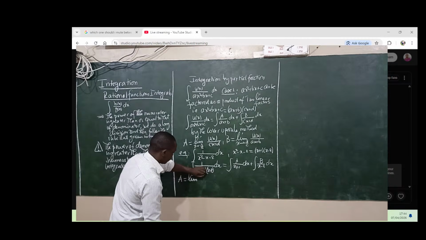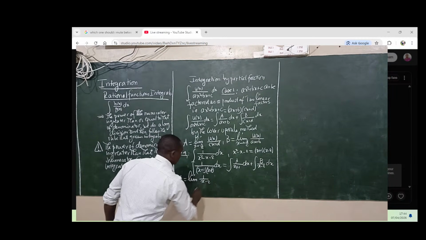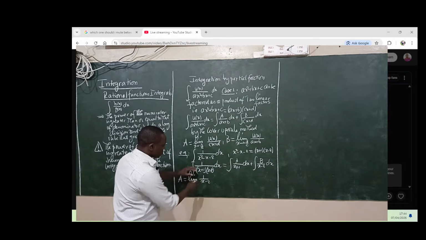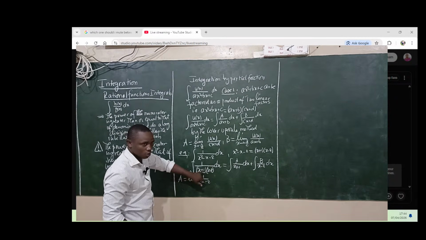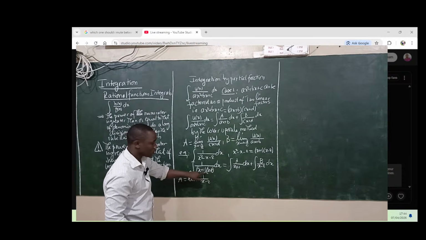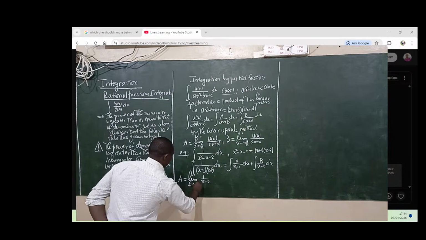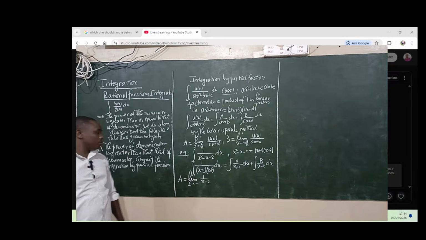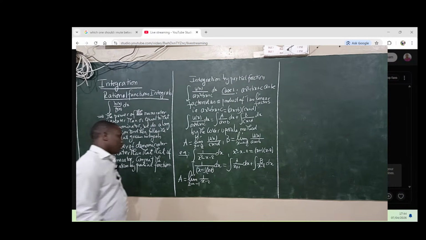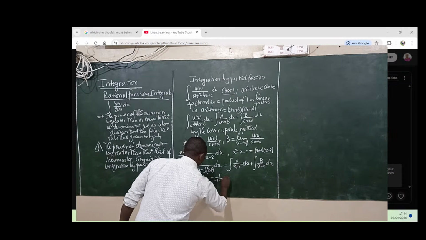Here is 1 by x minus 2, and because this was hidden, we need to equate it to 0. When equating x plus 1 to 0, our x will be minus 1. That's why here x is approaching minus 1. This is 1 by minus 1 minus 2, and it's minus 1 over 3.